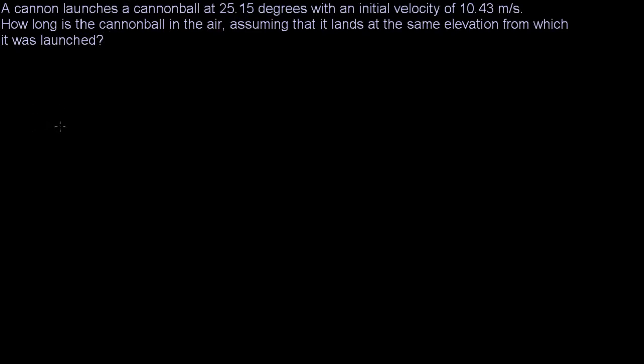So cannon launches cannonball at 25.15 degrees. So we got a cannon. Here's our cannon. And it launches a cannonball at, what do we have, 10.43 meters per second. And it makes an angle with the horizontal. And that angle is 25.15 degrees.